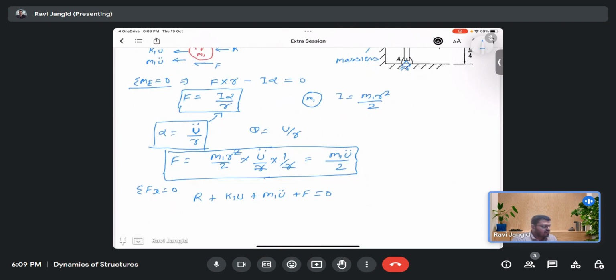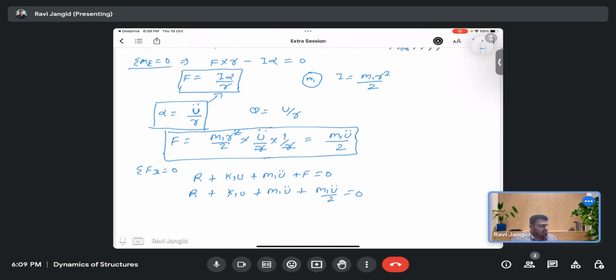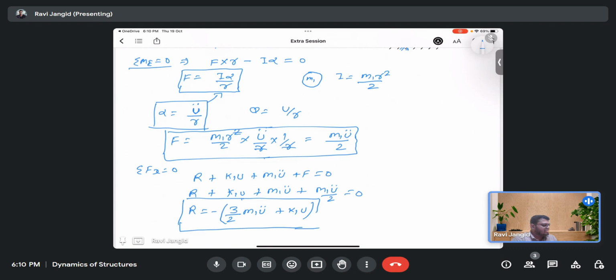If I put in the value of each component, R stays the same, k1 u stays the same, m1 u double dot stays the same, and f is m1 u double dot by 2, equal to 0. Rearranging the terms, I get R is equal to 3 by 2 m1 u double dot plus k1 times u, multiplied by minus 1. So this is our R, the expression of R.